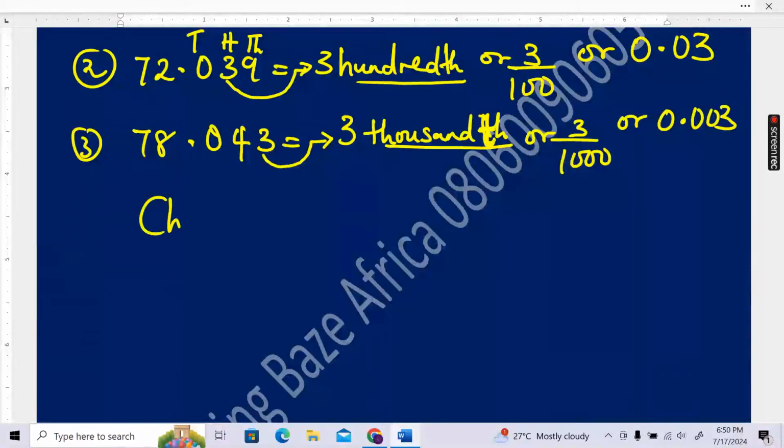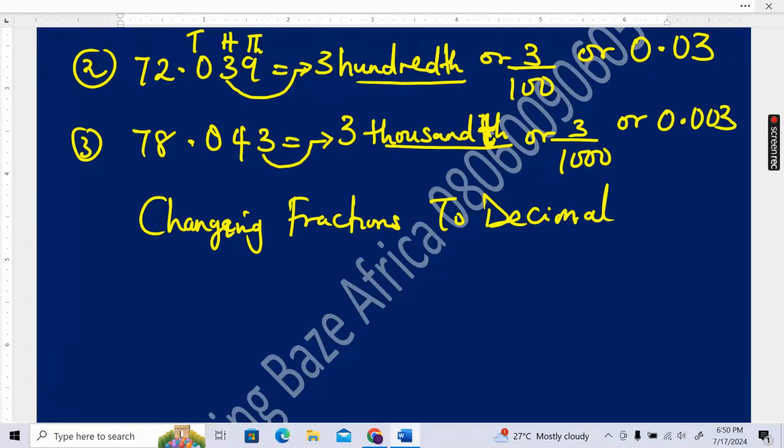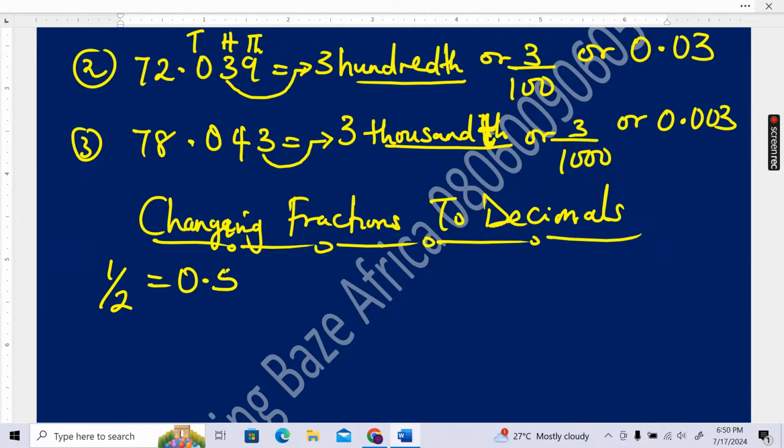How can we change fractions to decimals? So let's look at changing fractions to decimals. I think we did this recently, on Monday. We spoke about some decimal expansion, and I spoke about 1 over 2, that it is known as 0.5.